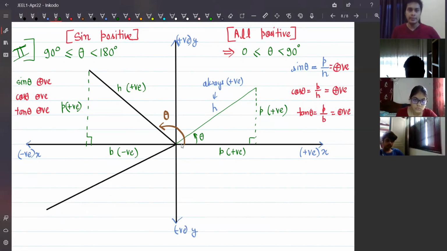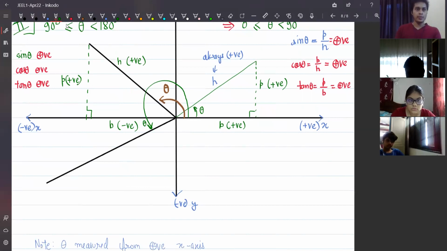My angle theta will again be measured from the positive x-axis, like this. If this is theta, then I'll drop a perpendicular from here. Again, you can see the base is negative and the perpendicular is also negative. Hypotenuse is always taken positive.